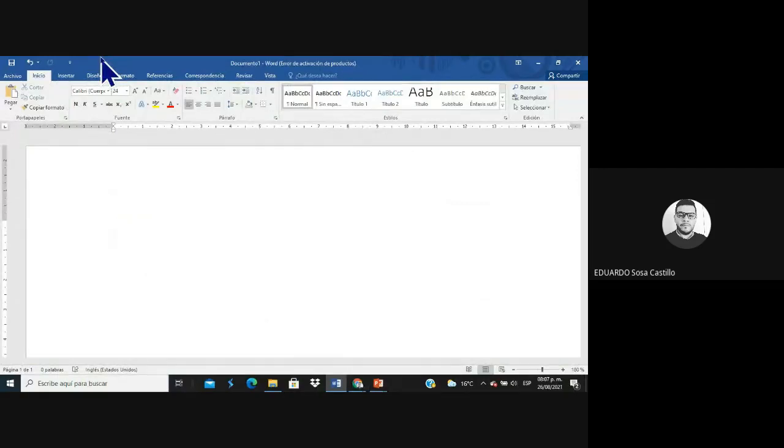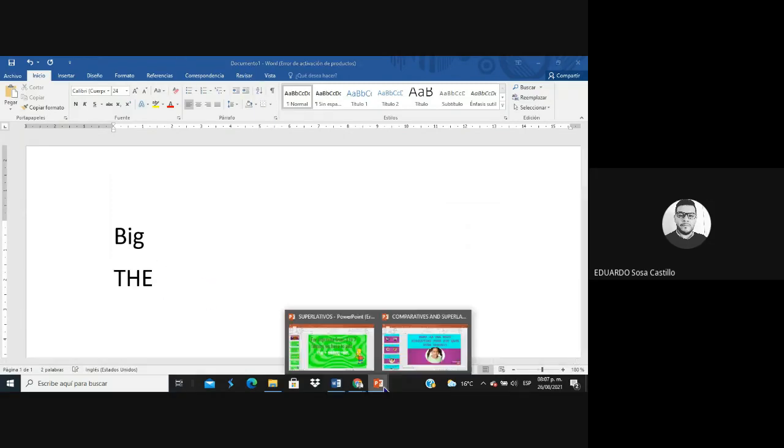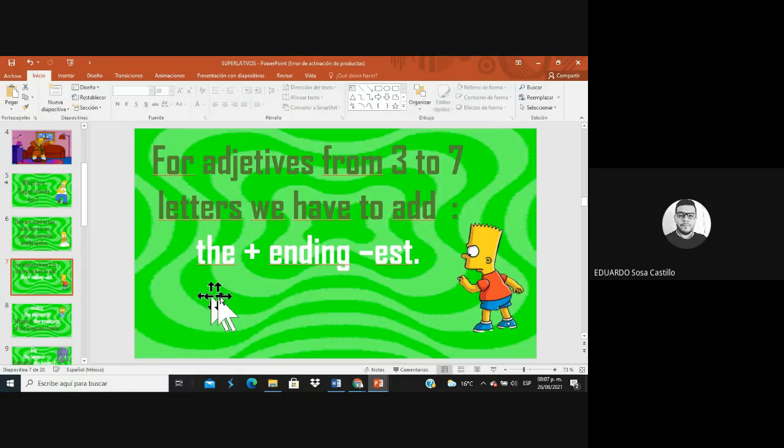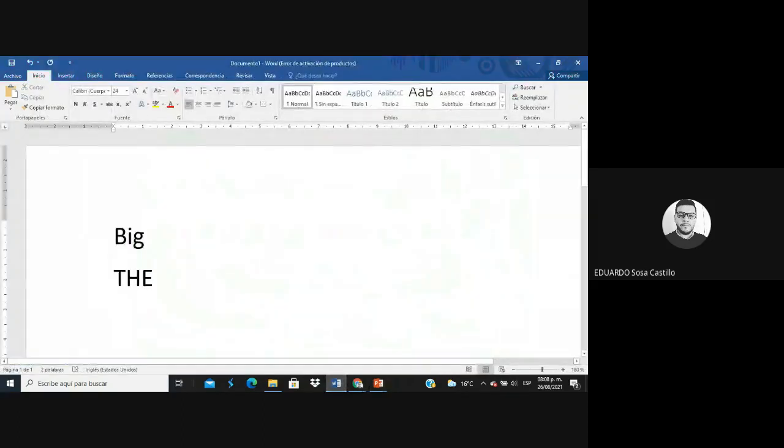For example, big. Yes. When I want to change it to a superlative, I do it in this way. The, can you see it? In the presentation, we said that we have to use the, and then my adjective is gonna end with est. For example, the biggest. Yes, that is the sentence.